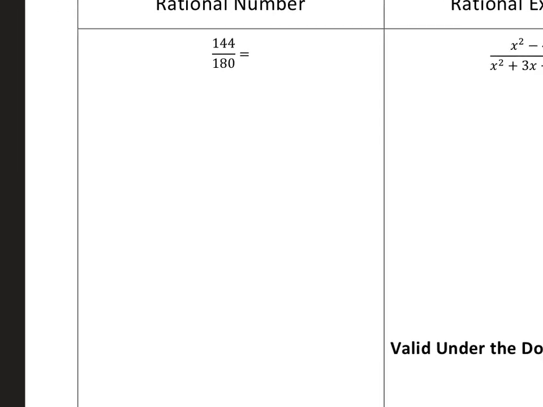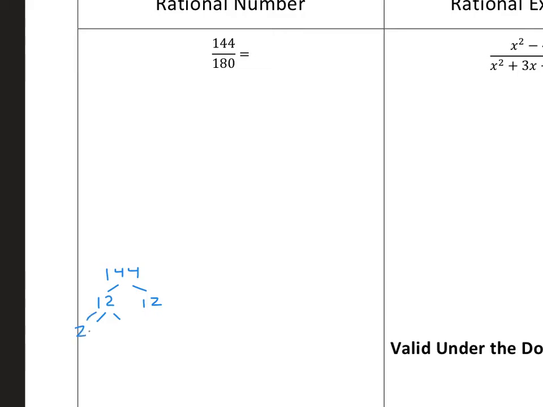To illustrate this, I'm going to break down both the numerator and the denominator. I'm going to start with my 144, and I'm going to do some prime factorization. When I see the number 144, I think 12 times 12. And of course, 12 is 3 times 4, which is 2 times 2 times 3.